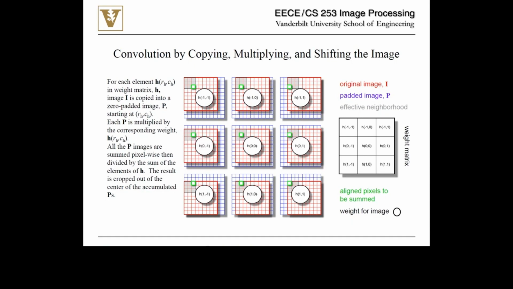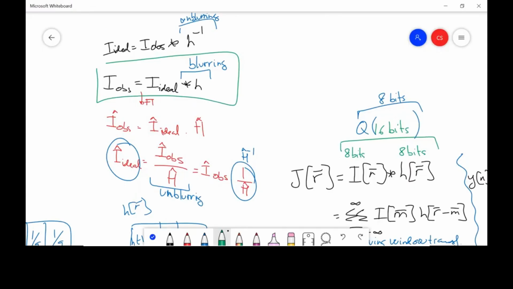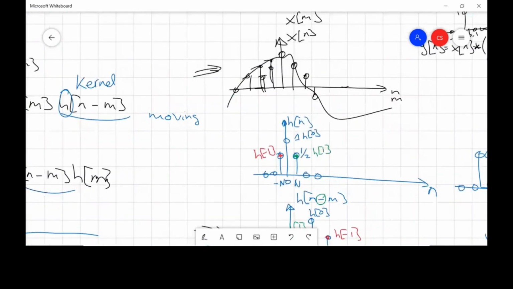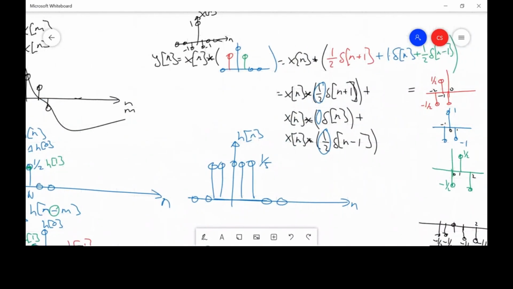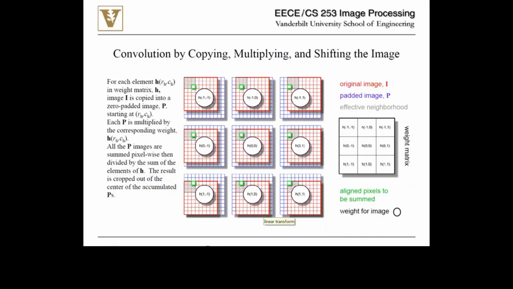So all these red images are the equivalent of these 1D signals that I was drawing here. And I have to add them all. So now I have a lot of copies of those images, so I have to add them.